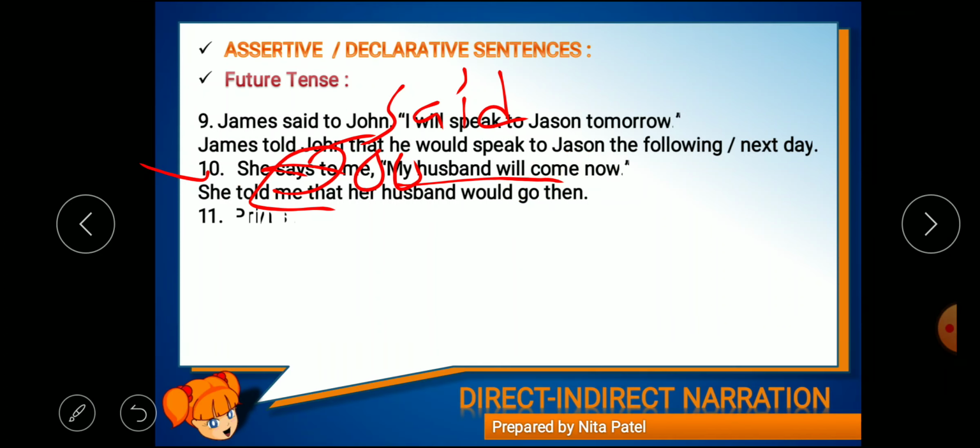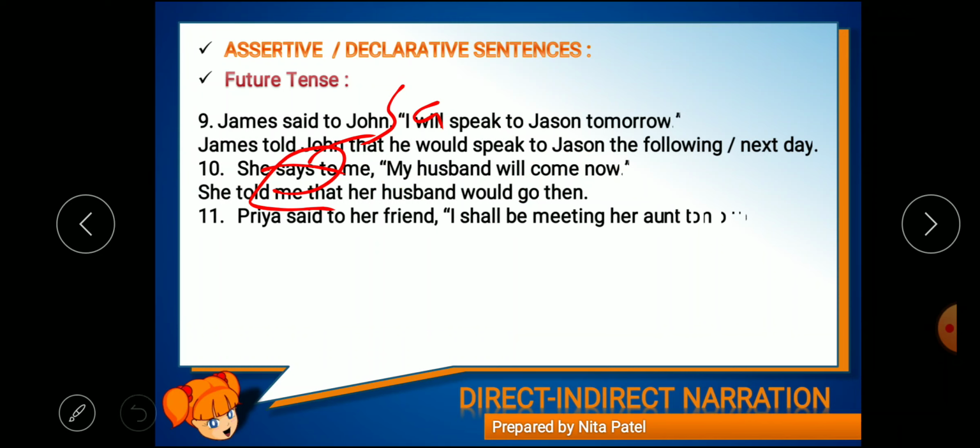Next example. Priya said to her friend, "I shall be meeting her aunt tomorrow." Priya told her friend that she would. Now, although "shall" is used, our subject is "she" here.